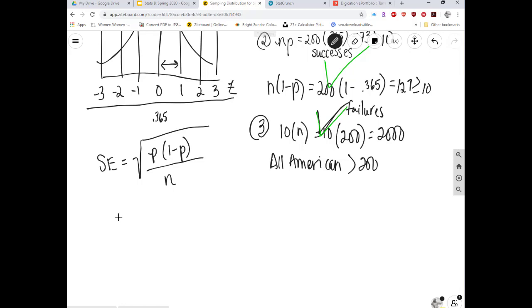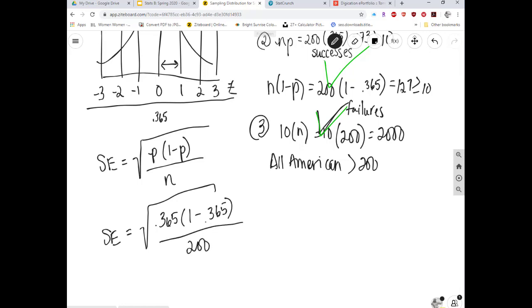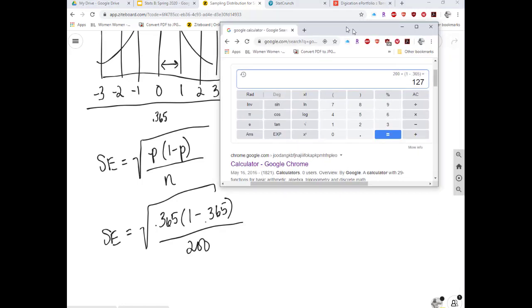Let's plug everything in: the square root of 0.365 times (1 minus 0.365), all divided by 200. Great. Let's grab my calculator.